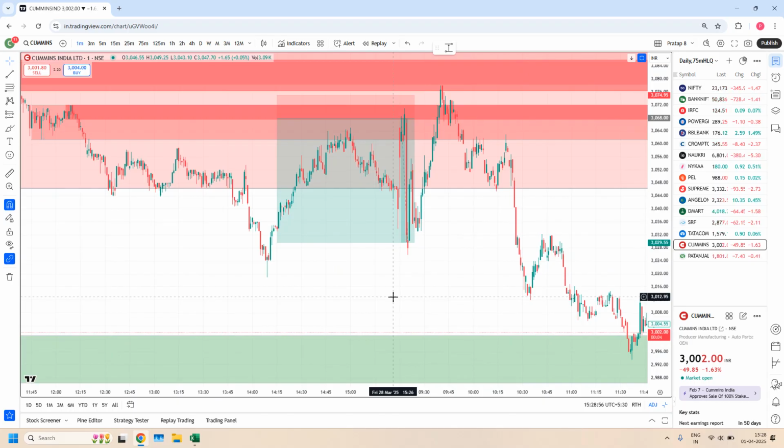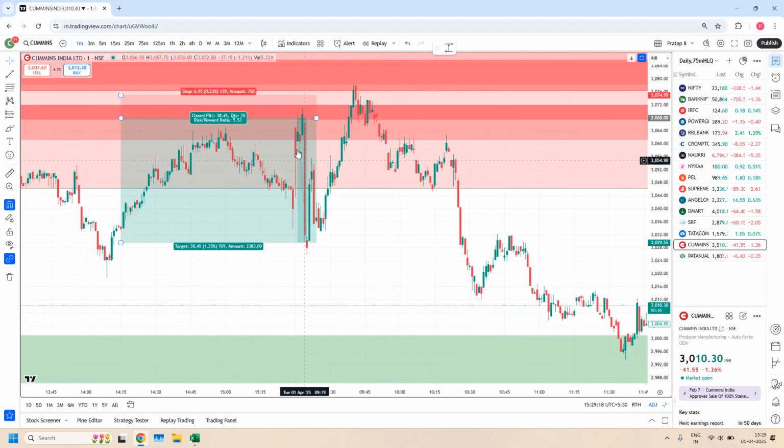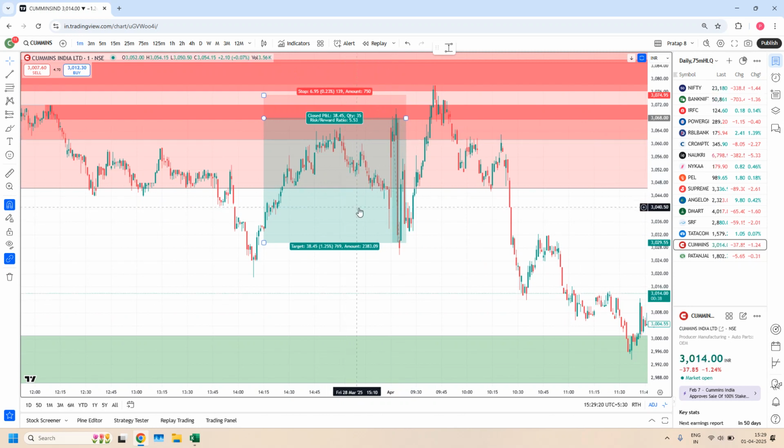If 1:3 is also not achieved, maybe that is not a successful trade, or maybe whatever profit it gives, sometimes profit will be booked at 1 minute high liquidity zones, target zones. That level we will book. Otherwise, if the trade is stopped out, probably we have to accept the loss. This is the procedure we are following. So the 1:5 level it has given. So from the performance point of view, I have captured that.